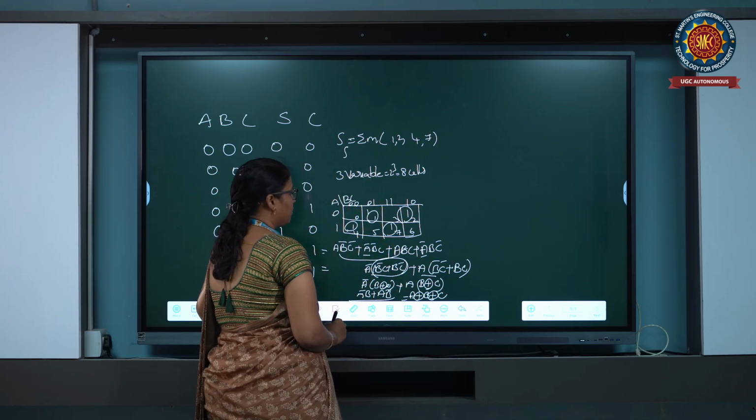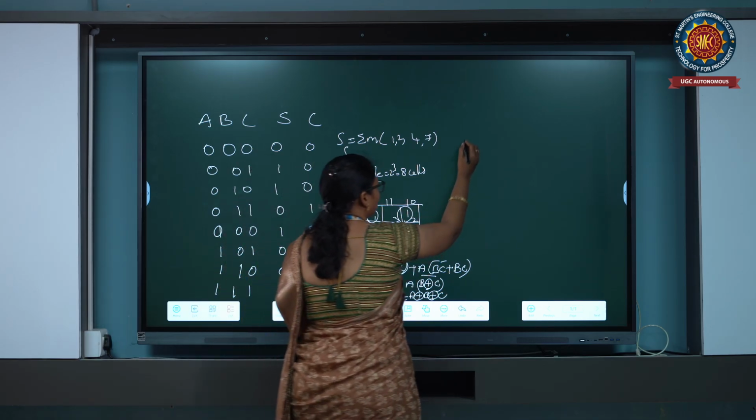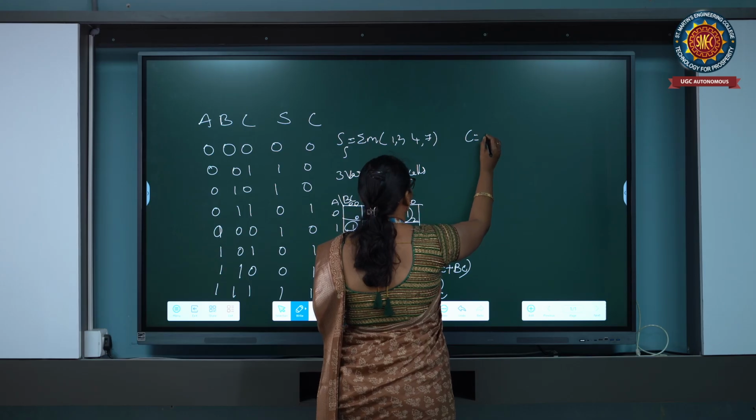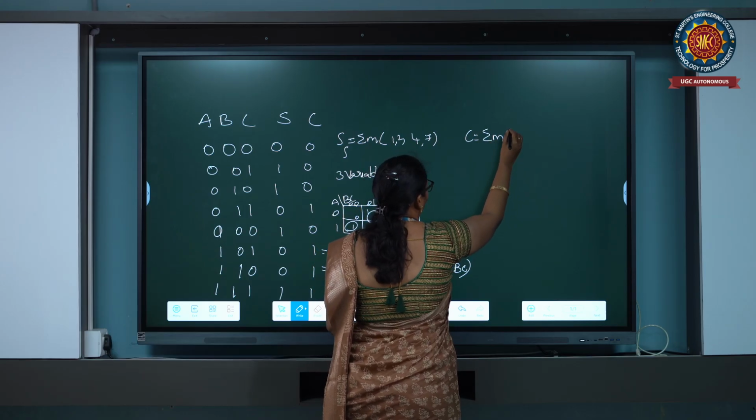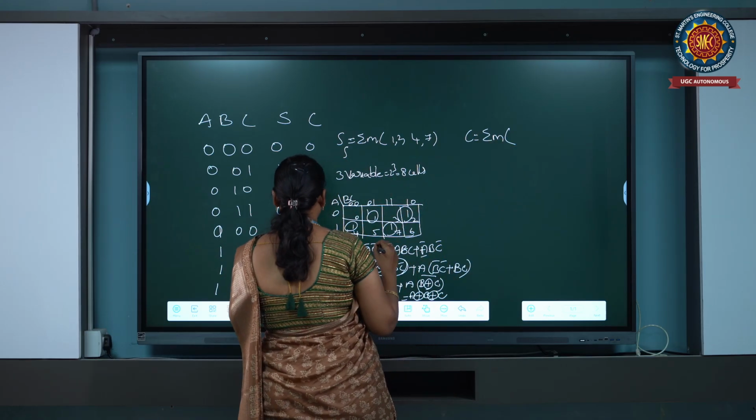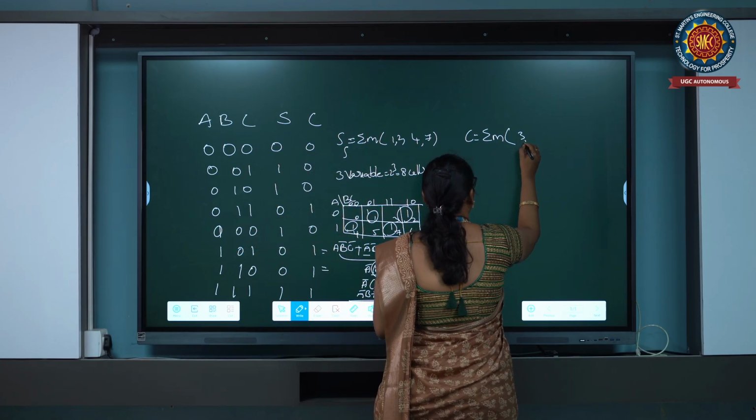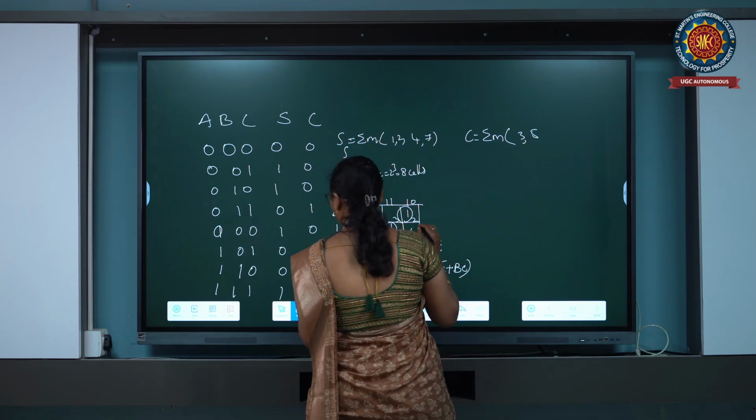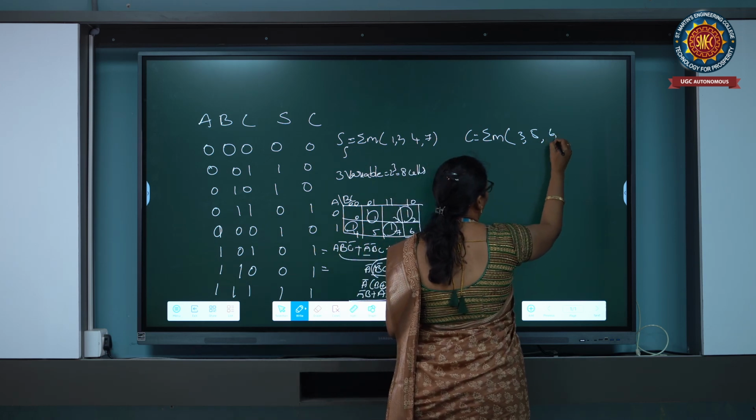In a similar way, if we consider the minterms for the carry, the minterms that are high are 3, 5, 6 and 7.